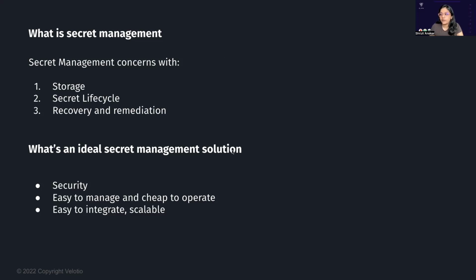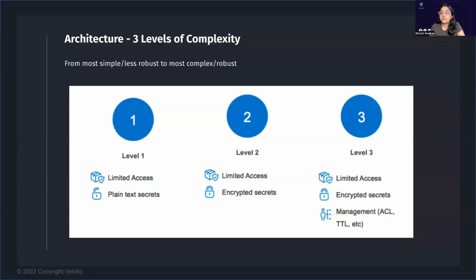So now that we've talked about this, let's discuss the levels of complexity that we have in our architectures. To help facilitate the discussion and visualize how secret management architecture evolves as the team gets better acquainted with technologies, we can define three levels. Here, limited access means secrets are stored in a repository server with limited access to the public.